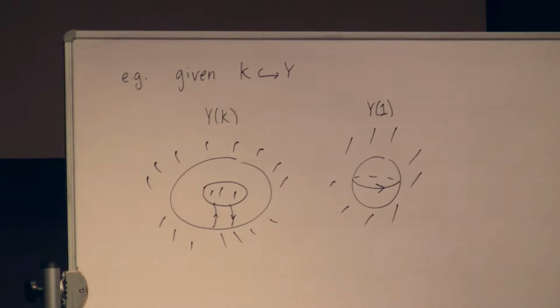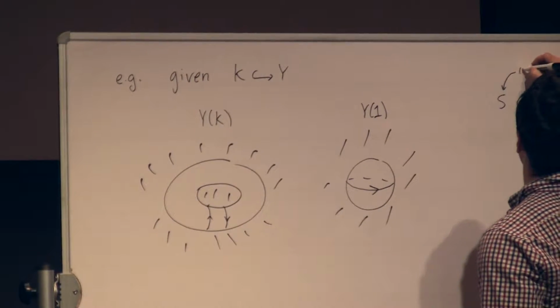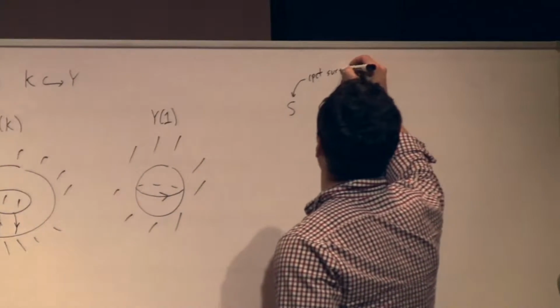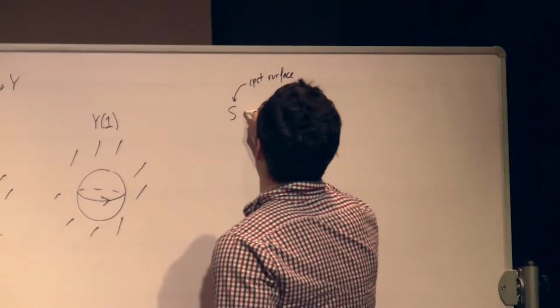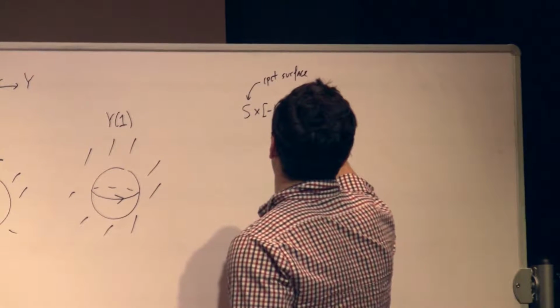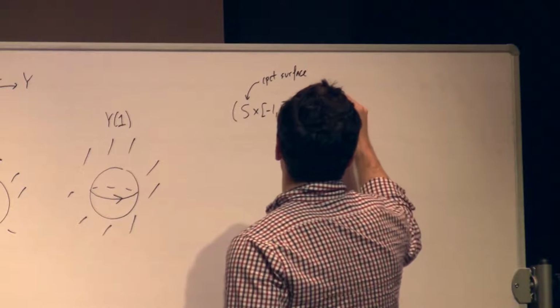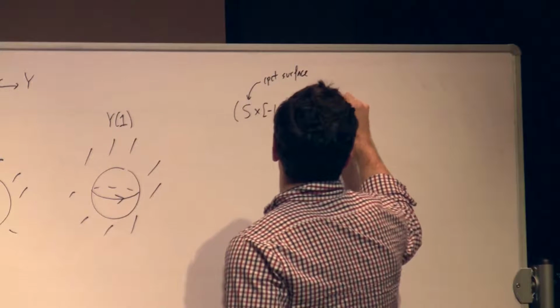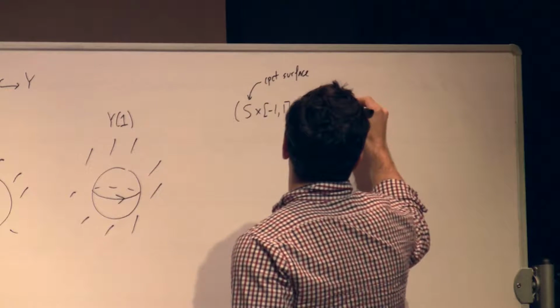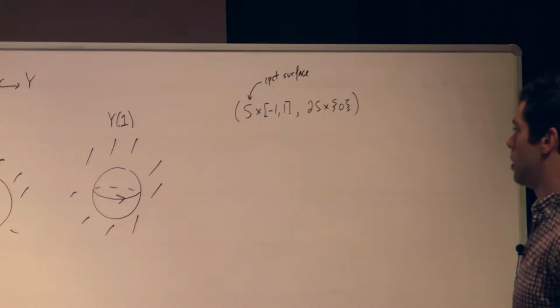And maybe the last example I want to talk about is, suppose we have a compact surface S, suppose it's connected, and look at the product of the surface with an interval, and decorate the boundary with copies of the boundary component of the surface, so boundary of S cross 0, 1.